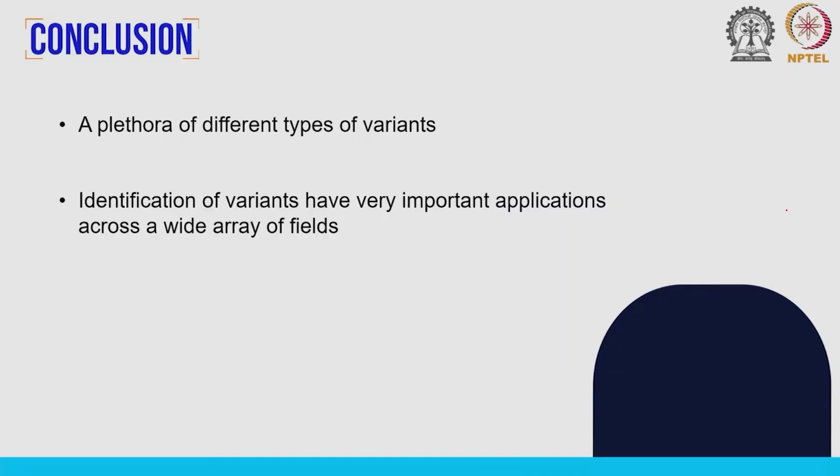We will talk about that in much more detail in the next classes when we talk about SVs, but this is something probably that is clear for you, that there are a huge number of variants that we need to identify when we are analyzing genome sequencing data. Then we talked about these variants and the applications of these variants across different fields.